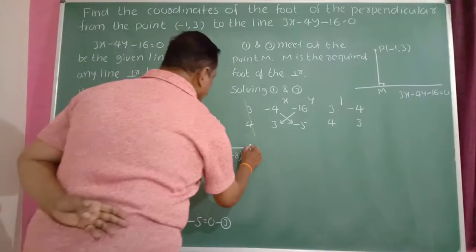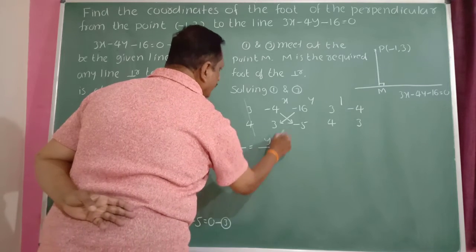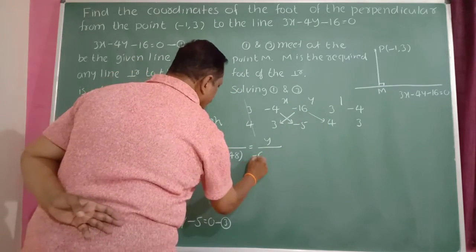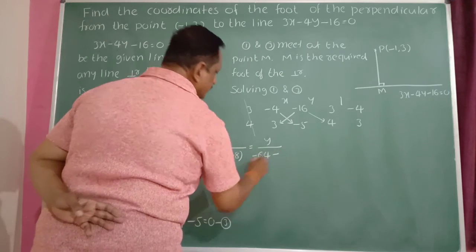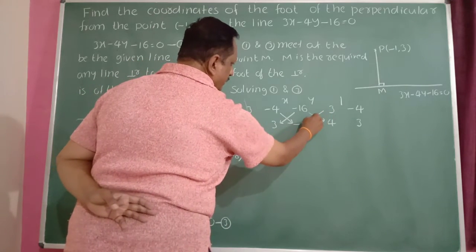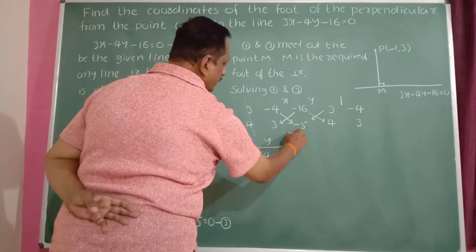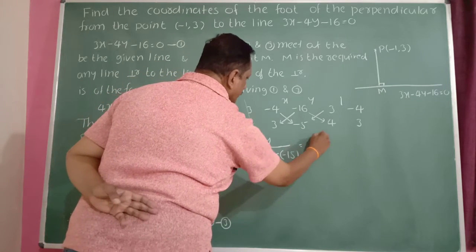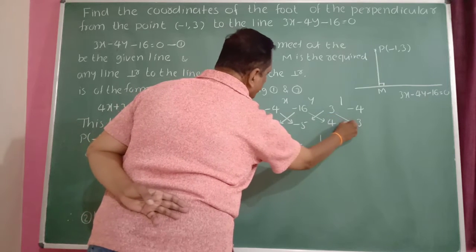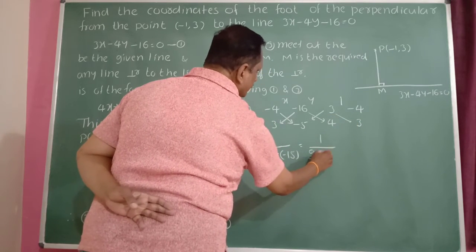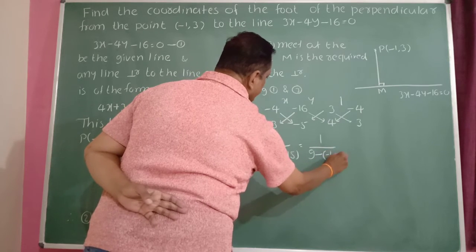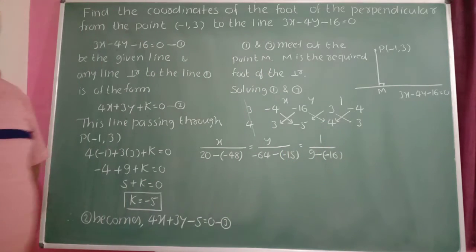Then this is equal to y divided by 16 into 4, 64, minus of 64. Then 3 into minus 5, minus 15, so minus of 15, is equal to 1 upon 3 into 3 becomes 9, minus of 4 into 4 is minus of 16 here.